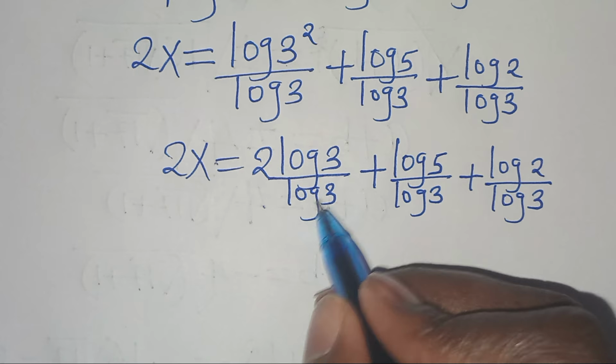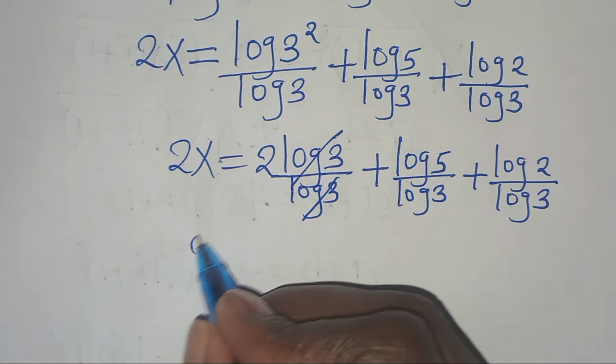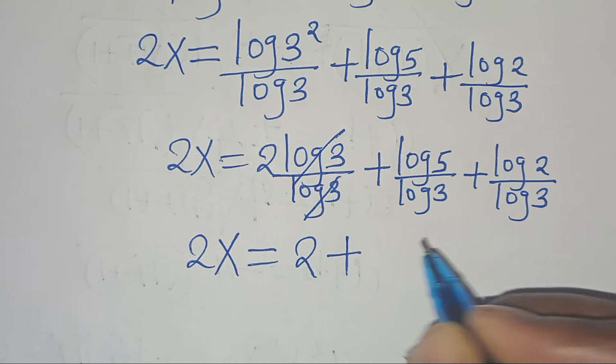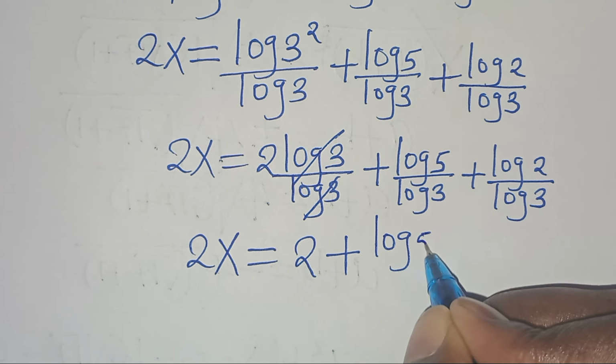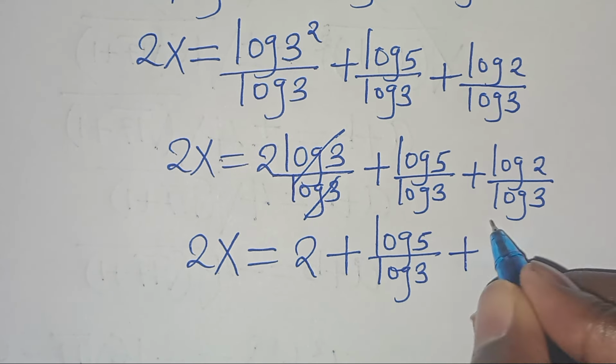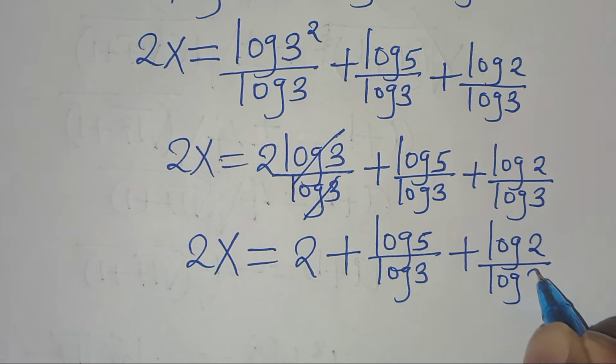Now we can simplify log 3 and log 3 here, so that now this is 2x. This is equal to 2 plus log 5 divided by log 3, then plus log 2 divided by log 3.